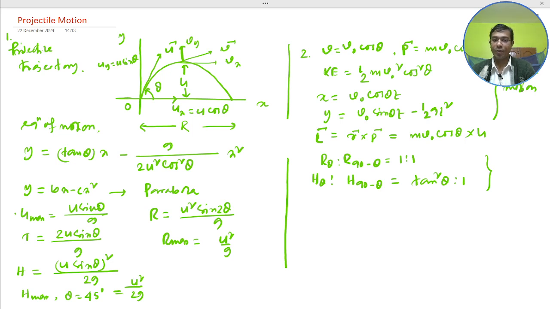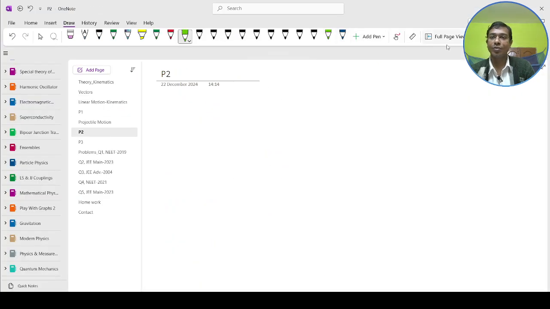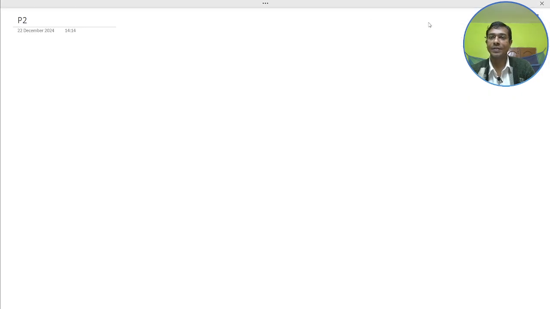So the second one is the horizontal projectile from height h. For that case we just go to another page, the horizontal projectile motion. Horizontal projectile from height h.